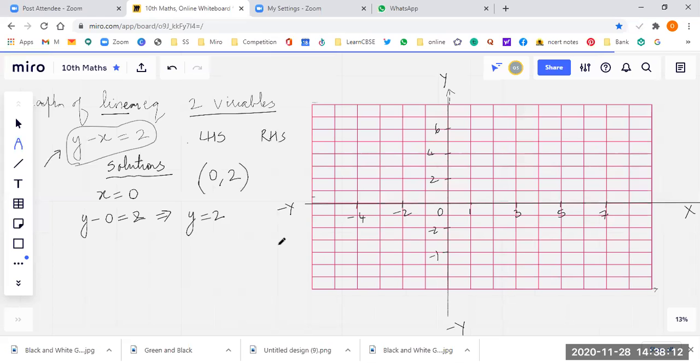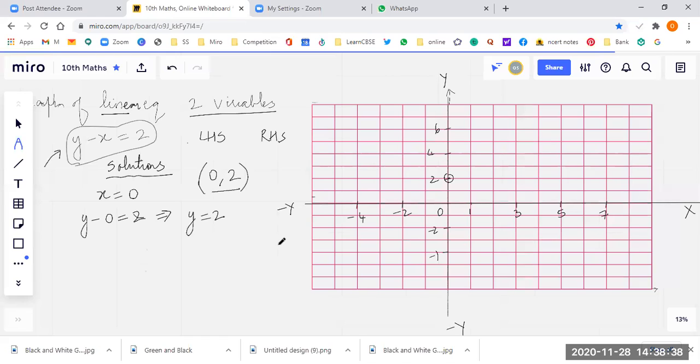In other words, I can say my equation is satisfied. Okay, fine. So this is one solution. Now I will try to plot this solution on the graph. How can I plot this? X is 0 here, y is 2. So this is my first point. Everyone can see? X is 0, y is 2. First point.